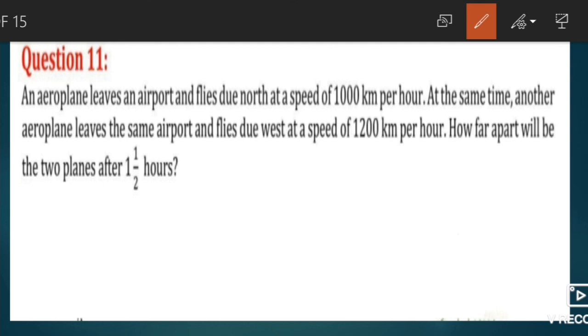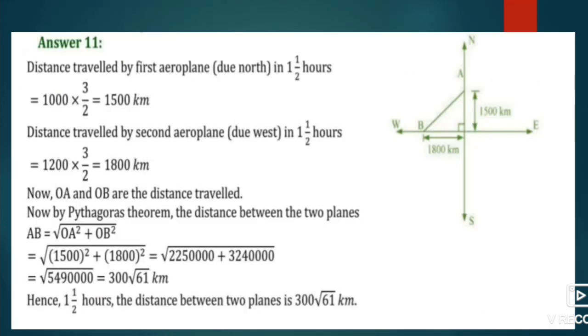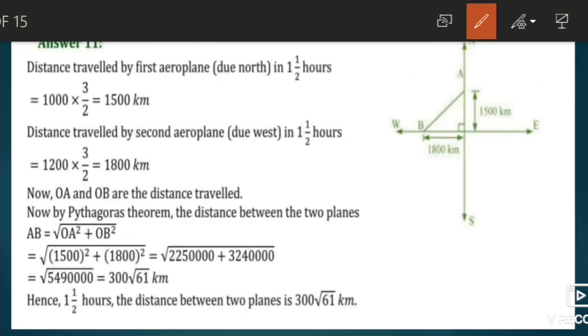How far apart will the two planes be after 1.5 hours? So suppose this point O is the airport. One aeroplane is moving toward the north and another one is moving toward the west.